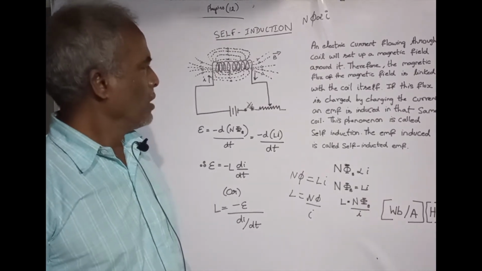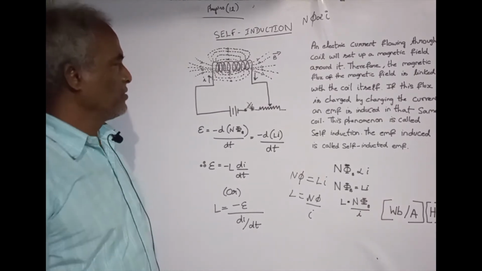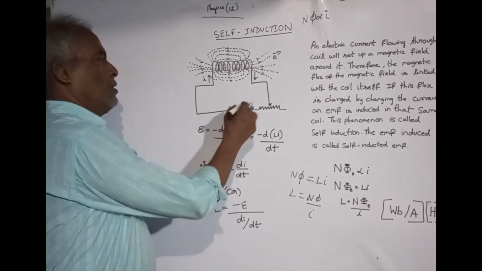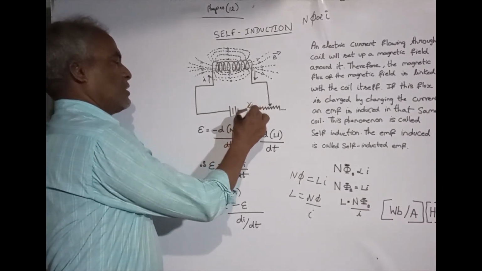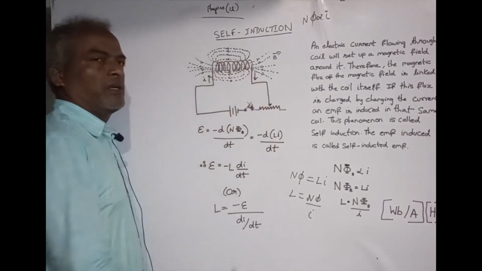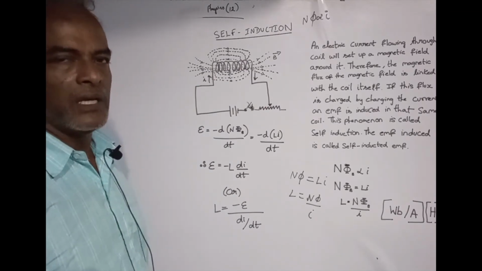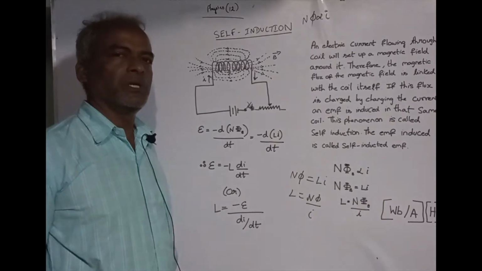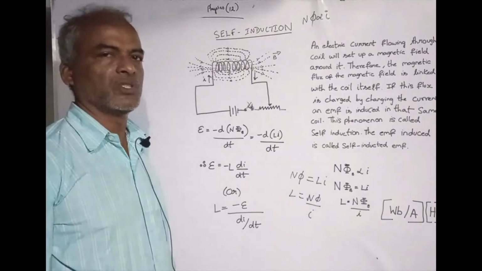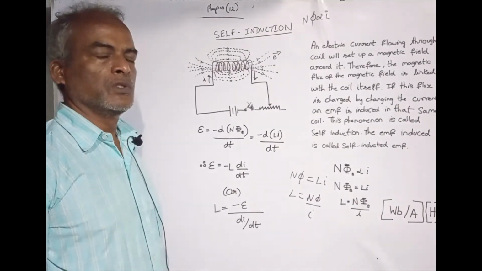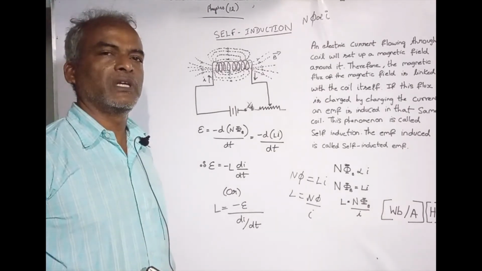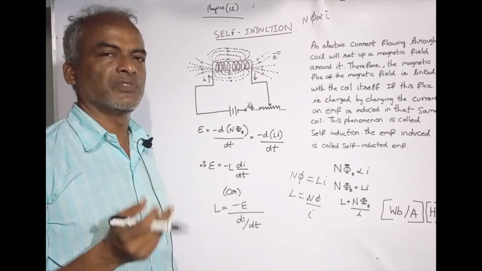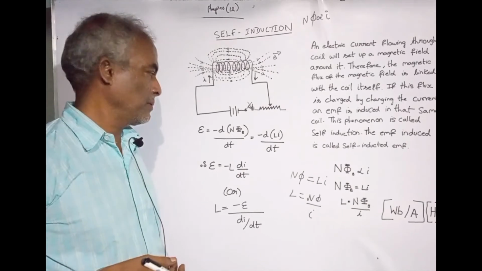Okay. Now the important point here is, if you close the circuit and maintain a steady field, then for a DC, as I already told you in previous videos, the coil behaves like a short circuit. Okay. So if you want to induce some voltage in the coil, there should be a rate of change of flux or a rate of change of current.